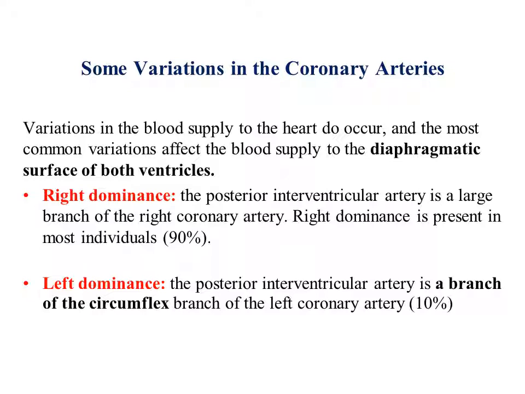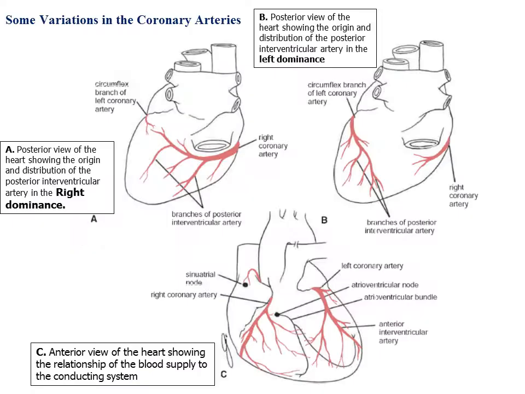That is to say, most of the blood supply is coming from the left coronary artery. Even the posterior interventricular will be a branch from the circumflex, which is a branch from the left coronary. This is important for the cardiologist when doing angiography, cardiac cath or cardiac catheterization, to delineate the coronaries in a better way.